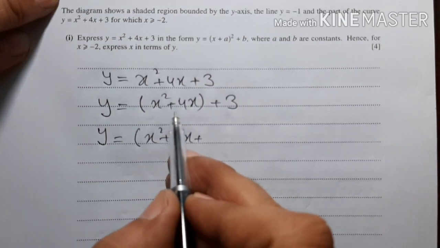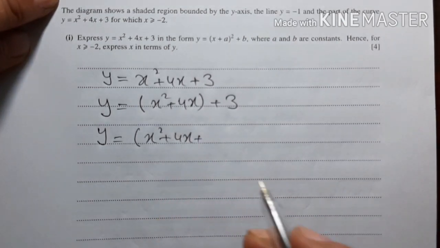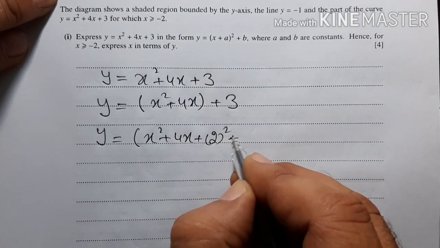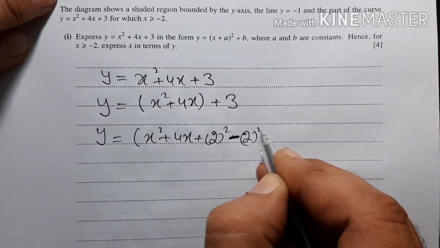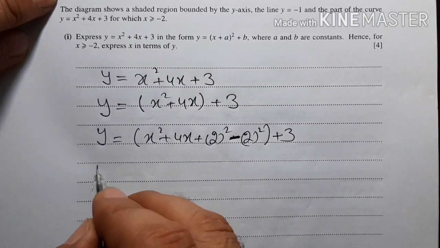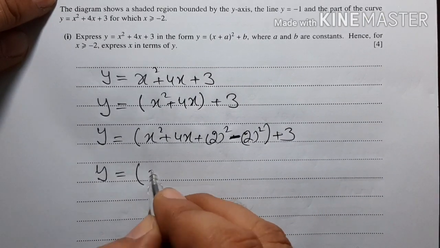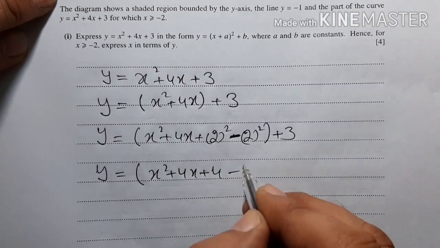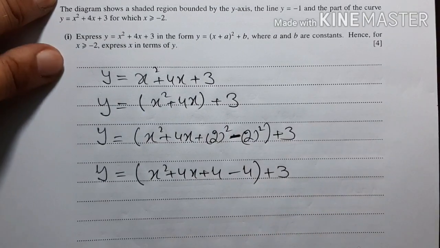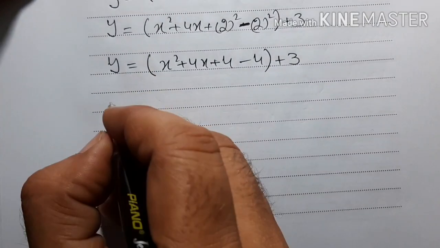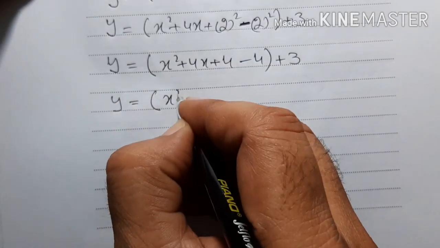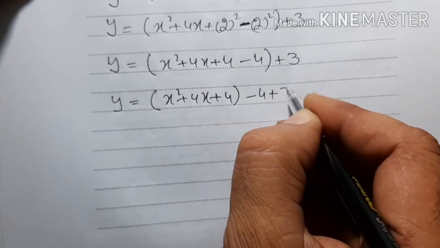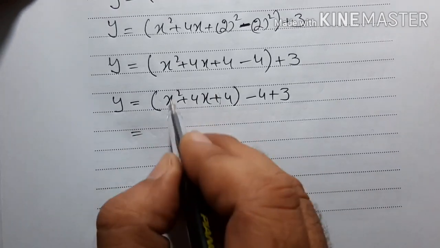I need to add and subtract the square of half of the coefficient of x. The coefficient of x is 4, its half is 2, so 2 squared, add and subtract. So y is x² + 4x + 4 - 4 + 3.